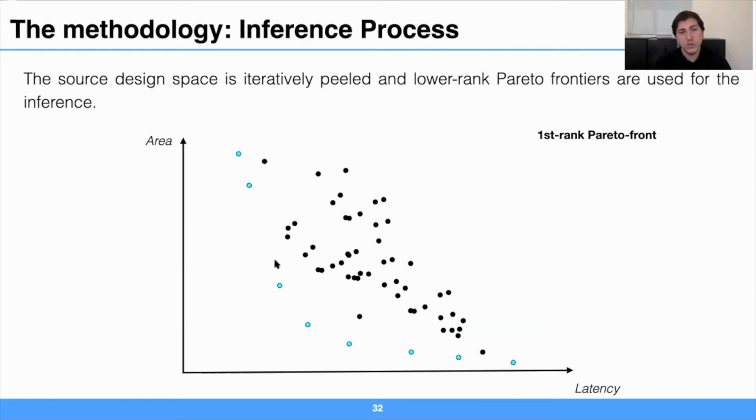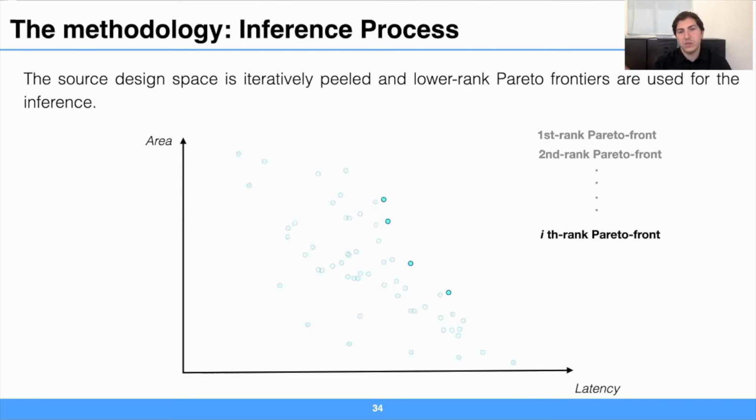But then what we do is to peel the design space from the Pareto elements and to calculate again the Pareto front. The resulting Pareto elements are the second rank Pareto front. And then we can iteratively peel the design space in order to retrieve up to the ith rank Pareto front.